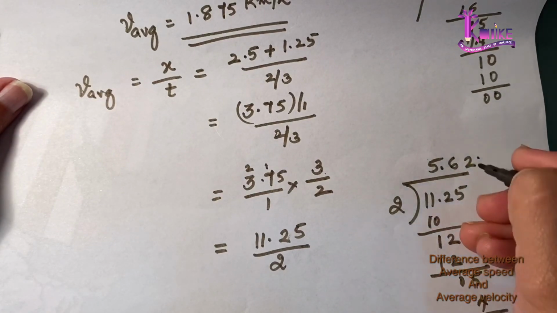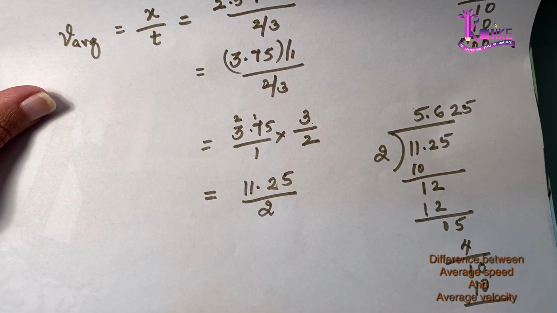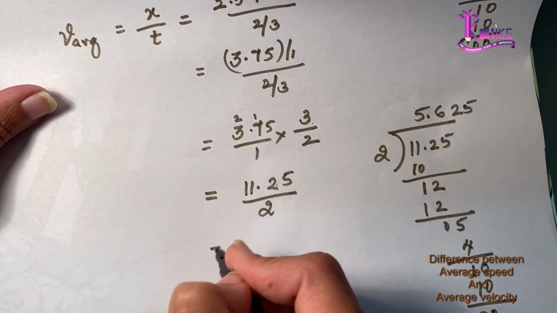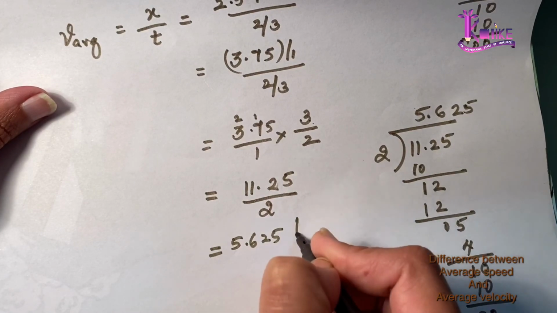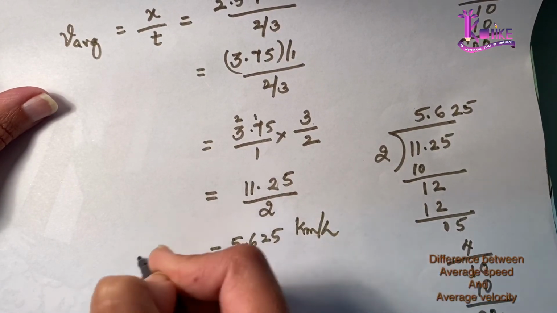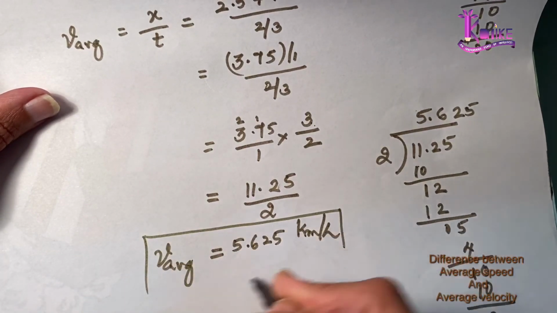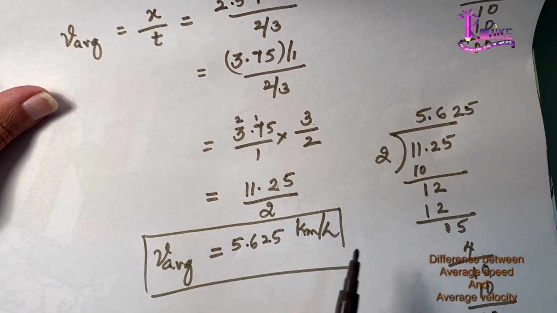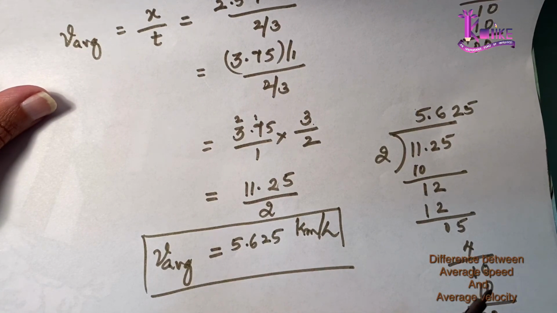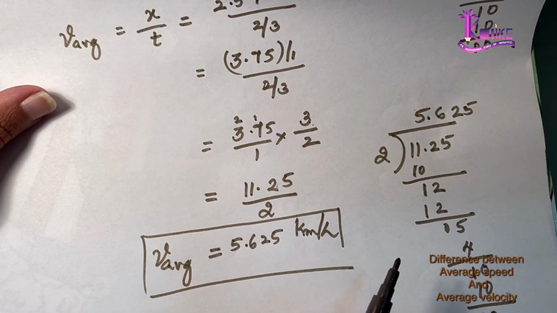You borrow 0, then it becomes 2 5s are 10. So this will be 5.625 kilometer per hour. That is the average speed. So this is the best example, or this is the best numerical that you can take in order to understand the difference between displacement and distance traveled, and hence average velocity and average speed.